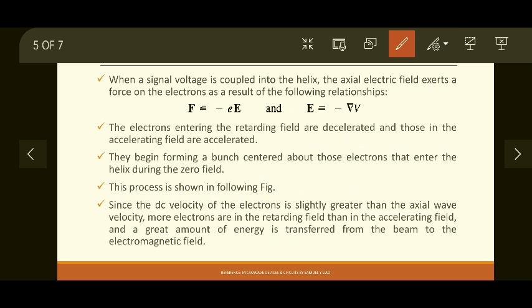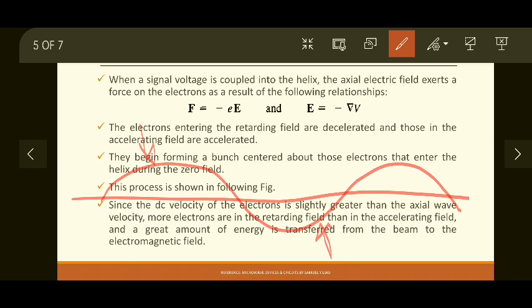The electrons entering the retarding field are decelerated, and those in the accelerating field are accelerated. So which one is the retarding field and which is the accelerating field? In the electric field, let's say this part will be the retarding field and this part will be the accelerating field. The positive part will be the retarding field and the negative part will be the accelerating field. Why is the positive part the retarding field?